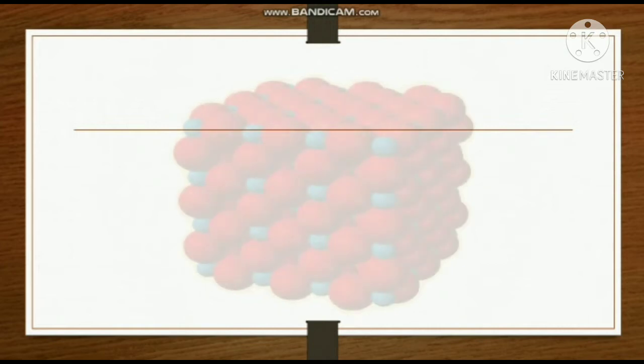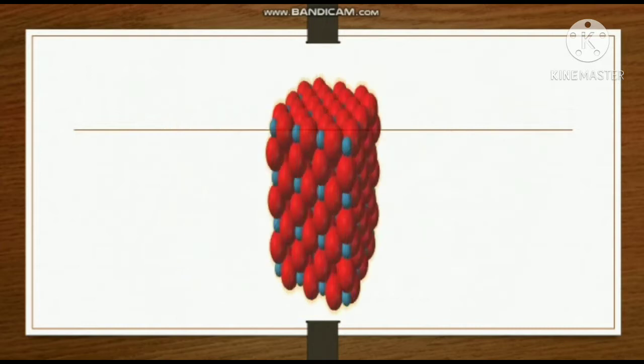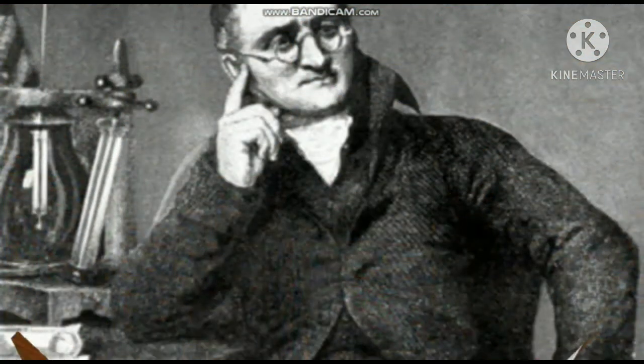Okay, what is the base of electricity? We all know that all things are made up of elements. Elements are made up of atoms, which are the smallest units of all things. John Dalton, a scientist, considered that atoms cannot be divided further.